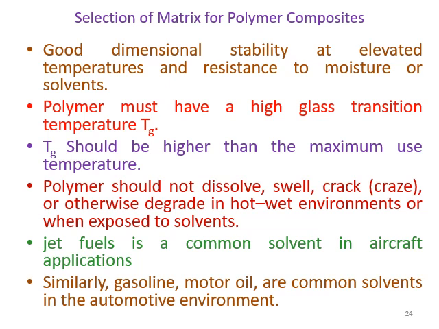So they may dissolve, swell, crack or otherwise degrade the properties of the matrix, and thereby the properties of the composite will be degraded. Similarly, gasoline and motor oil are common solvents in the automotive environment. Suppose a composite is being used in an automotive environment, then the matrix in that composite should not melt or dissolve in gasoline or motor oil.